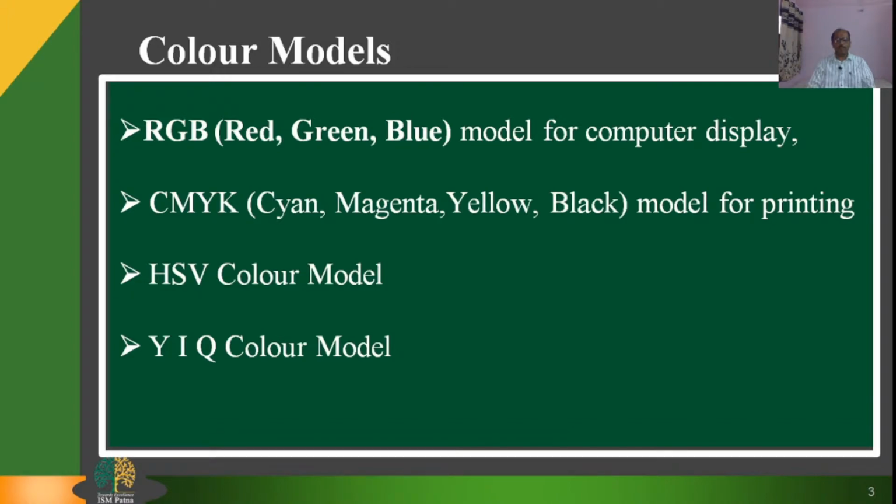Although there are several established color models used in computer graphics, the most common are red, green, blue, in short the RGB color model, and CMYK, which denotes the cyan, magenta, yellow, black model.